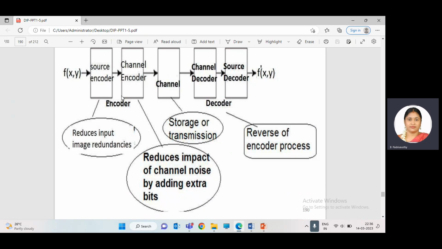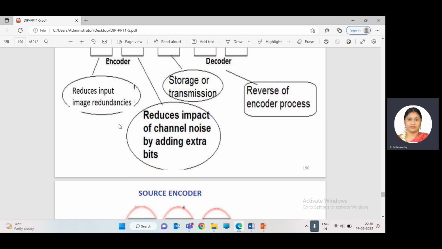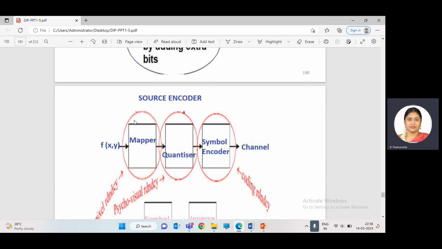three independent operations, and each operation is designed to reduce one of the three redundancies. In the first stage, the source encoder usually has a mapper, a quantizer, and then a symbol encoder. We are giving f of x comma y, our input image. The mapper transforms the input data into a non-visual format, which is used to reduce the interpixel redundancy in the input image.